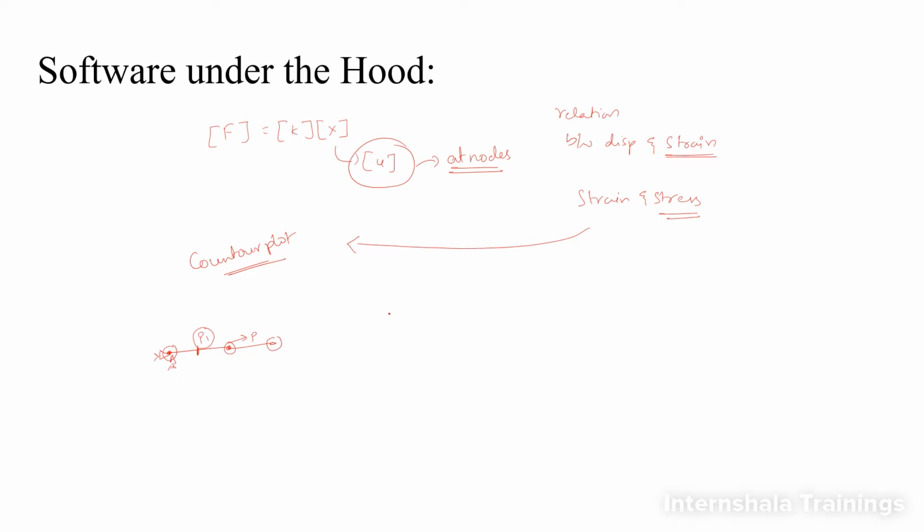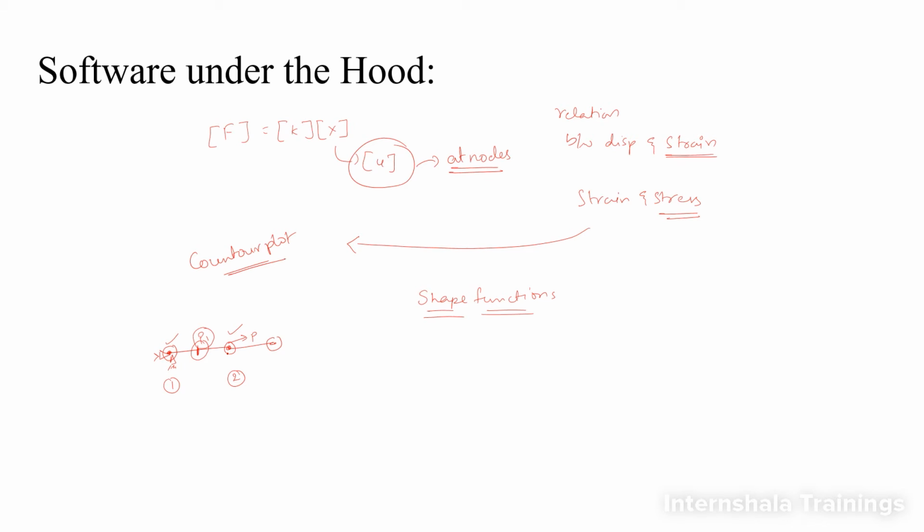Now what the software does is, as I already told you, there are shape functions for each and every element that is defined. So the software will use these shape functions to create a value at the point P1. Simply, it will create an interpolation. To state that simply, let us say this is node 1 and this is node 2, and we know the values at node 1 and at node 2.